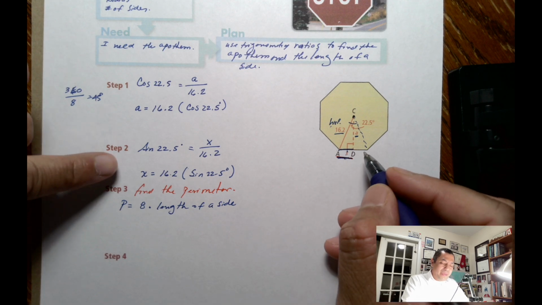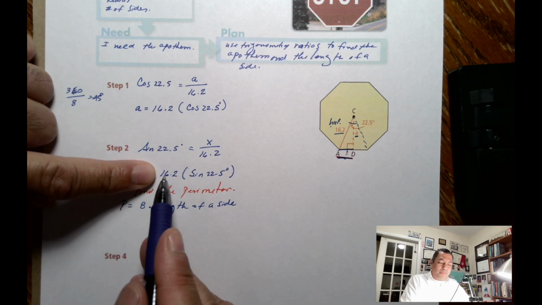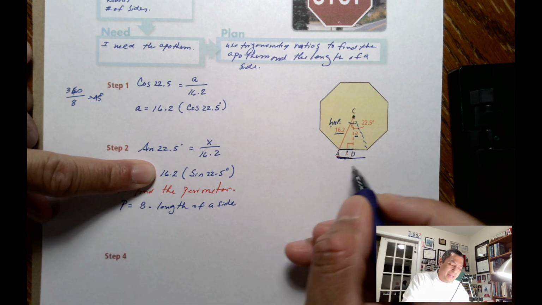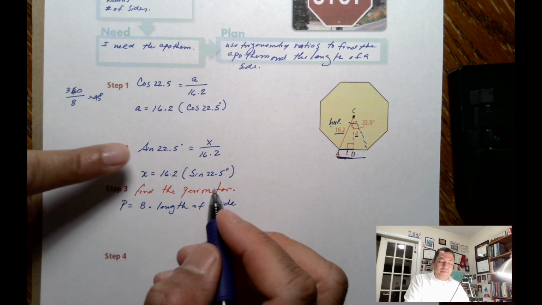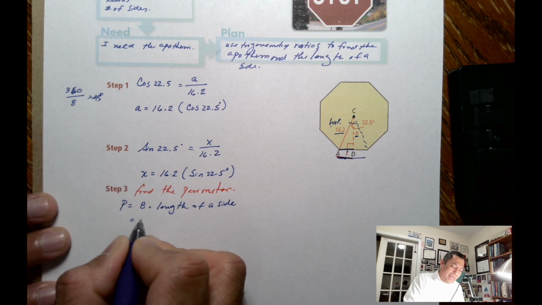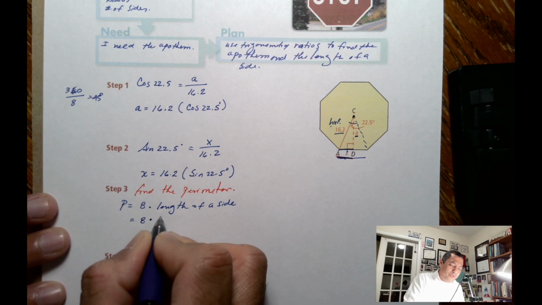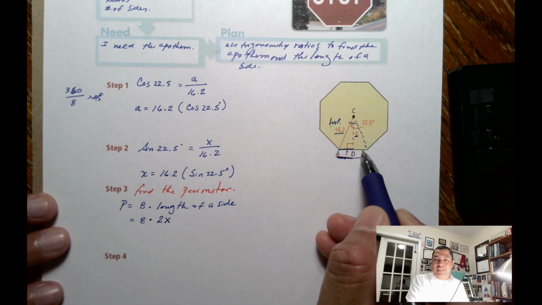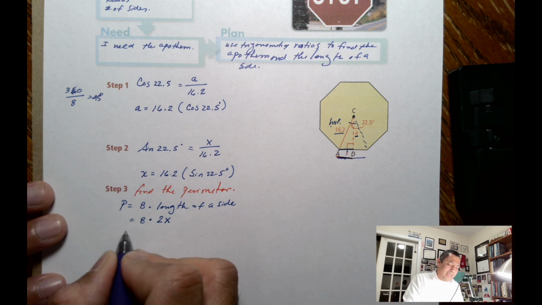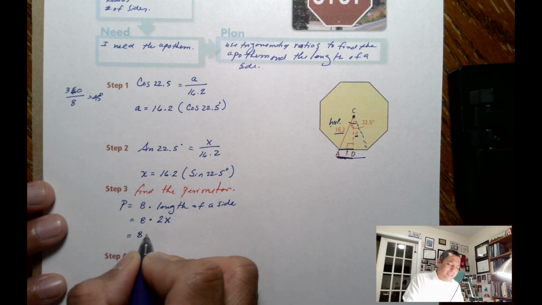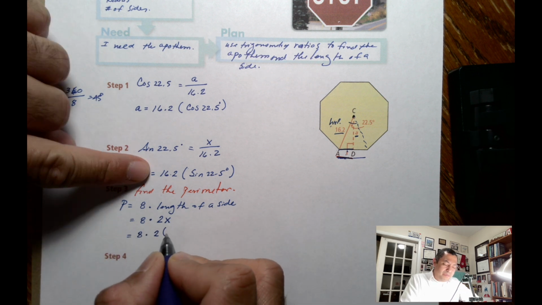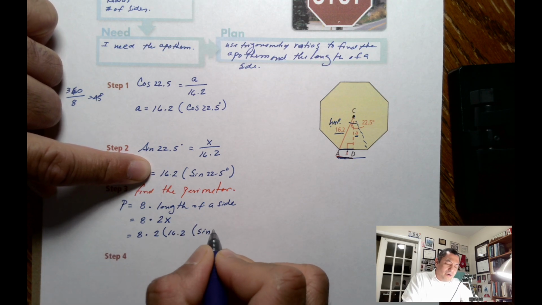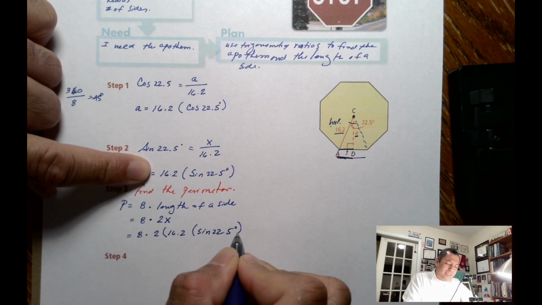So if x is 16.2 sine of 22.5, the whole segment is 2 times this value. So I'm going to have 8 times 2 times x, because I need to represent this part here. So it's equal to 8 times 2 times 16.2 sine of 22.5 degrees.